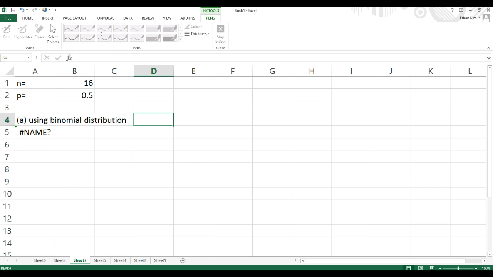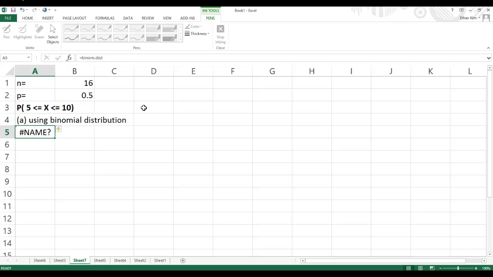It's not working, so I'm just going to type it. We're looking for the probability that x is greater than or equal to 5, but less than or equal to 10. Okay, so this is what we're looking for.